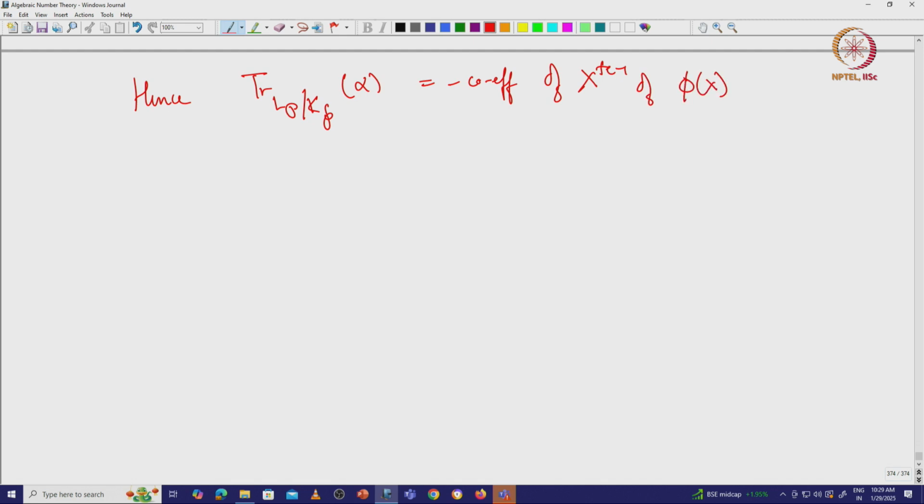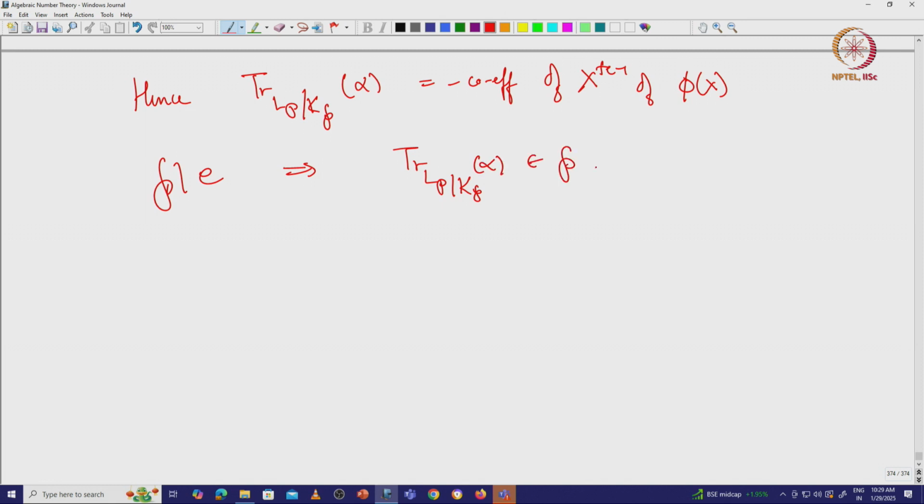And so this means that p divides e implies that the trace of L_P to K_p of alpha belongs to p, right.